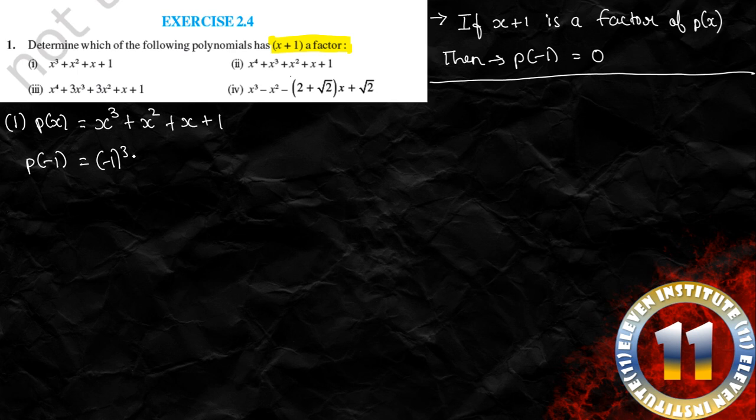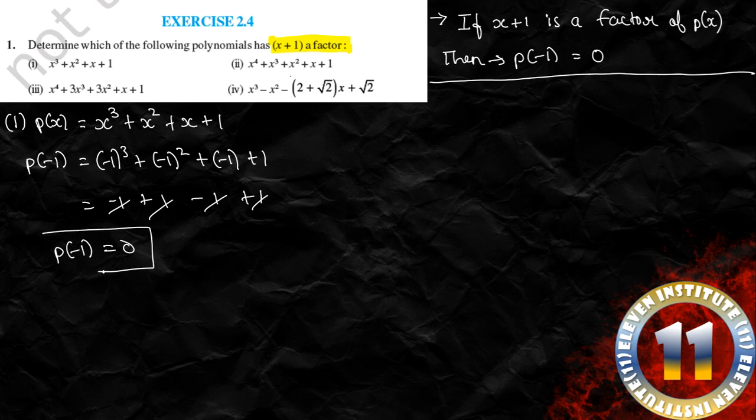So we have minus 1 cube plus minus 1 square, right? Wherever we see x, we will put minus 1. Minus 1, the whole cube is minus 1. Minus 1 square is 1. Plus minus, minus, again 1 and again plus 1. So minus 1 plus 1, minus 1 plus 1, everything gets cancelled. What we get is P of minus 1 is equal to 0.